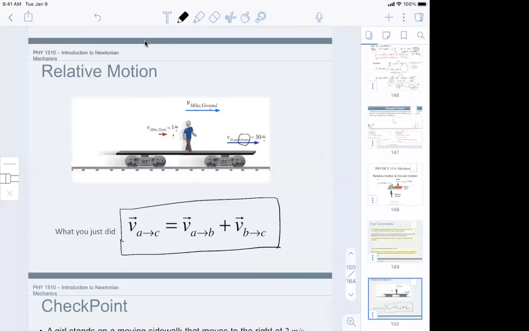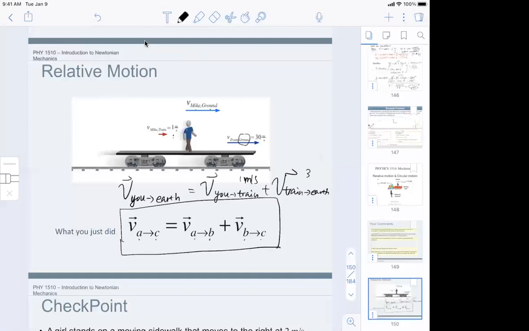So the velocity of A relative to C can be calculated by looking at the vector addition of A relative to B plus B relative to C. So in the case of the train, it will be velocity u, or in this case, this person's name Mike, u relative to Earth is u relative to the train plus train relative to Earth. u relative to the train is 1 meter per second.